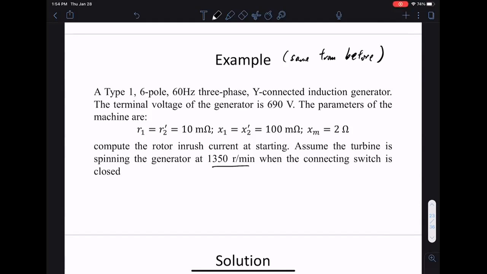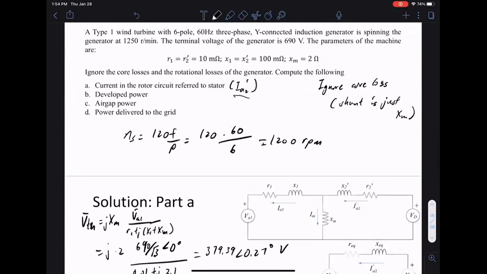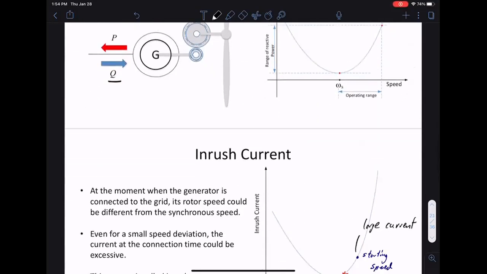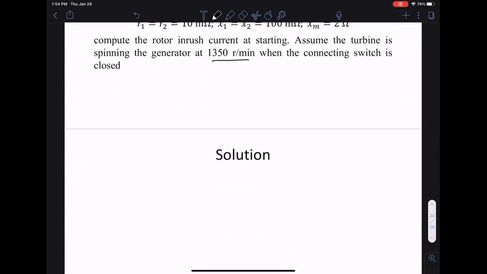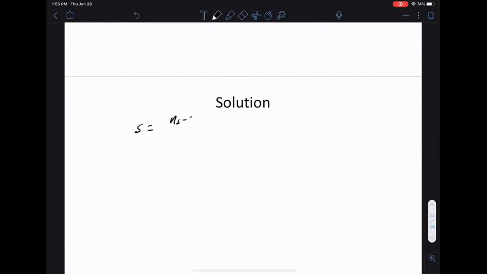Then let's look at what the magnitude of the current is in this case, compared to before. Before, in this problem, our speed was 1250, and we computed the current. So let's see what happens when we connect to the grid at a much higher speed. Basically we change S. So this is minus 0.125.